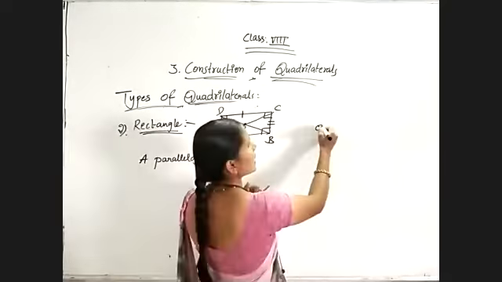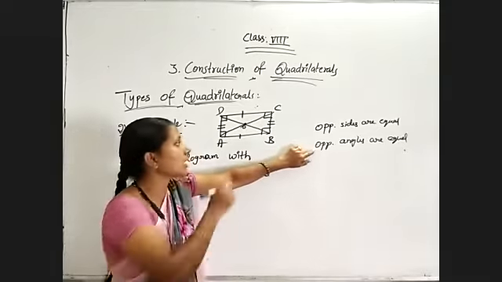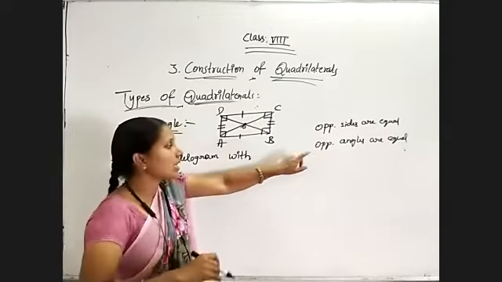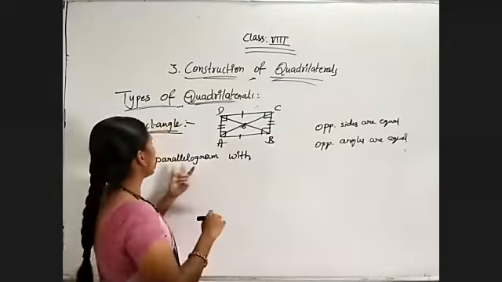So for this rectangle, opposite sides are equal. There is no change for opposite sides. What is differing? Angles. But here every angle is equal to the same 90 degrees. That means a parallelogram with equal angles.